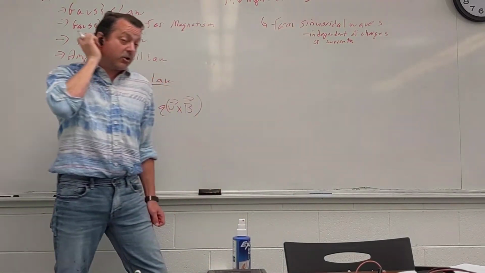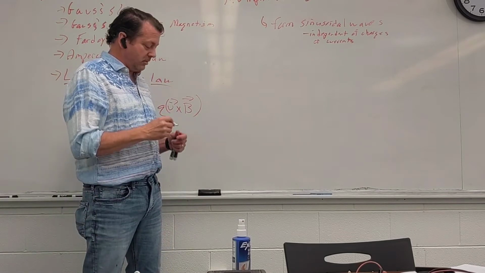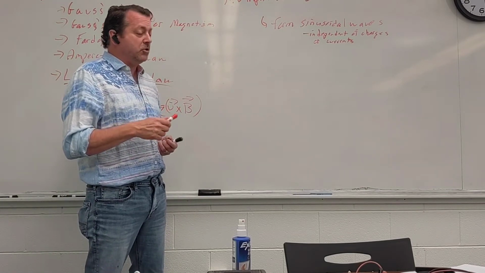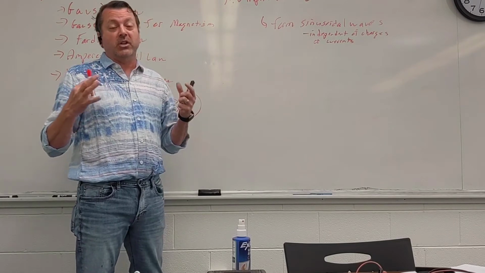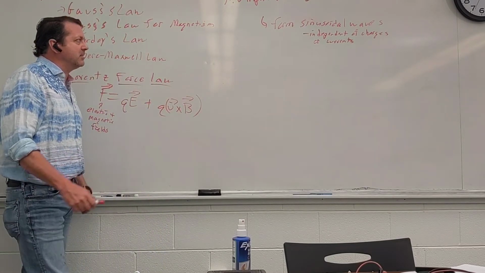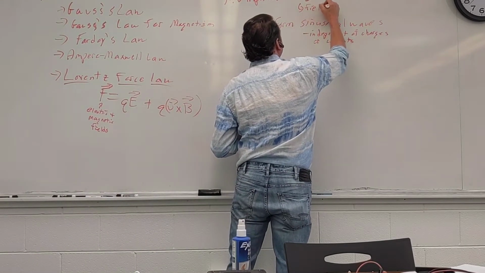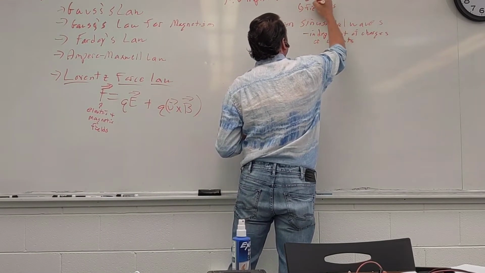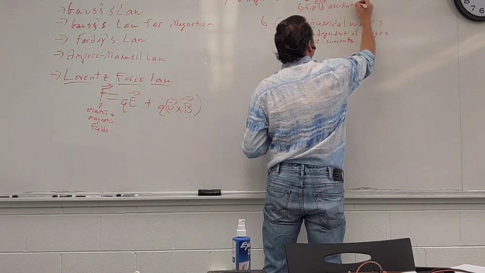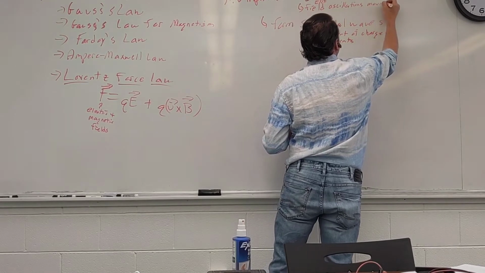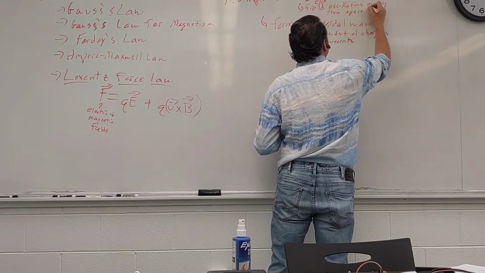They just can occur in space itself. Wow. As long as you've got a field, these waves are just field oscillations moving through space itself. Let me write that down. These waves are electric and magnetic field oscillations moving through space itself.